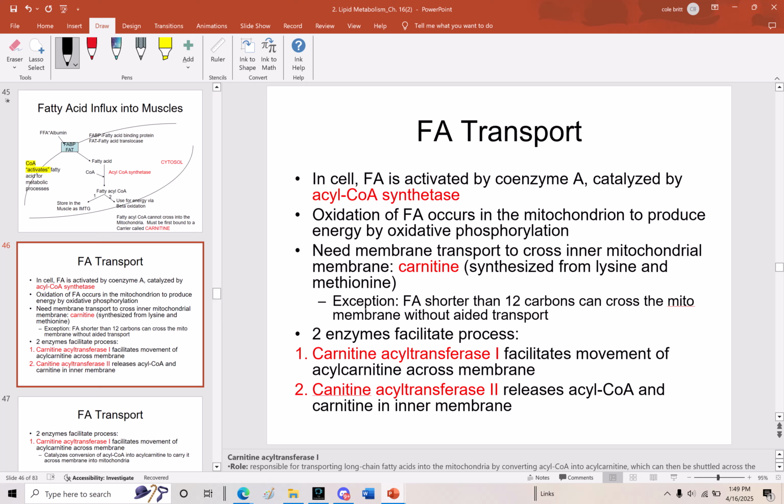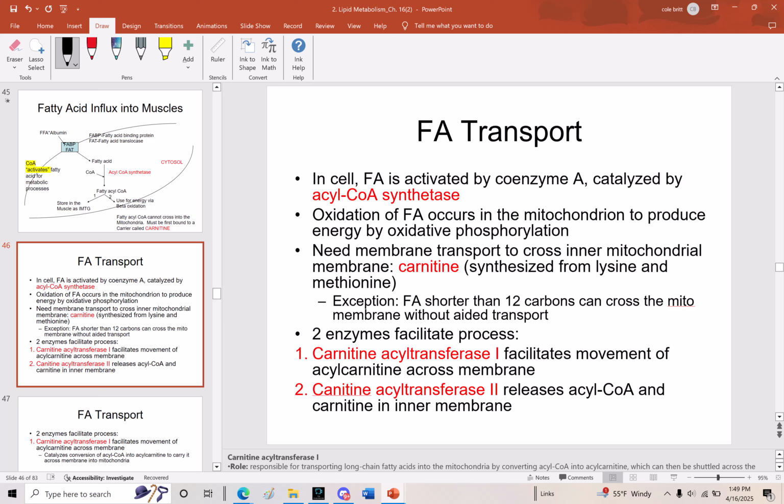So if you have a short to medium chain, it can cross the mitochondrial membrane without transport. So this carnitine is only for long chain, over 12 carbons. If there are more than 12 carbons, it will require carnitine.